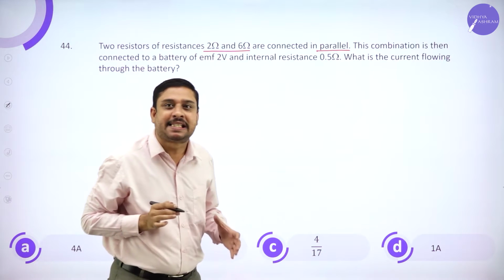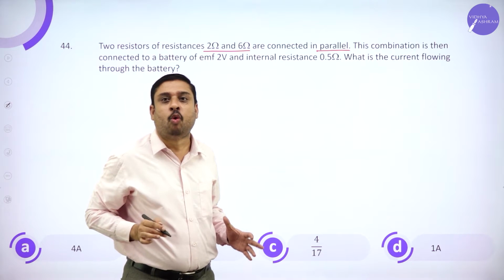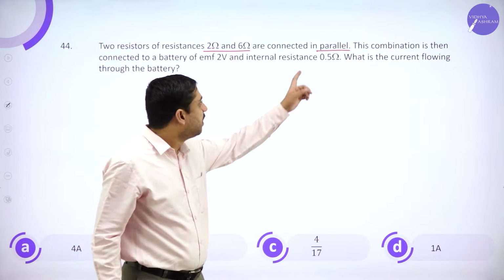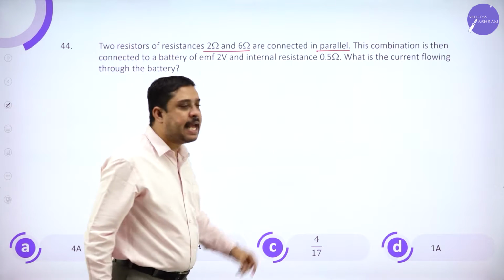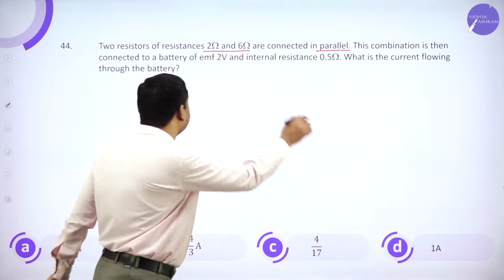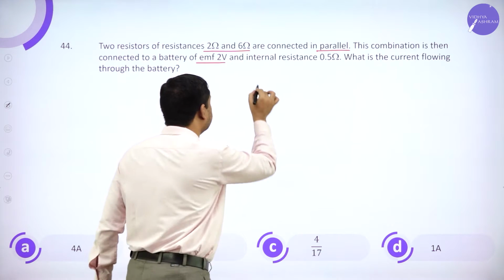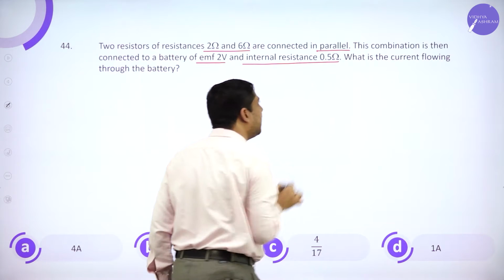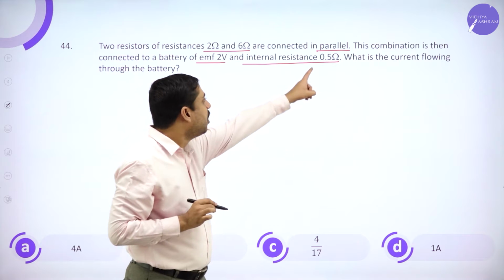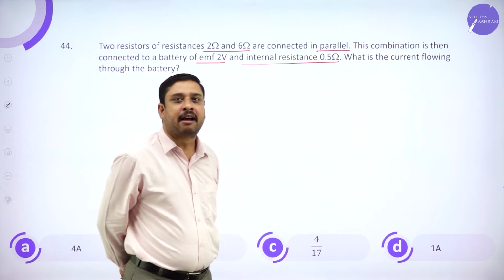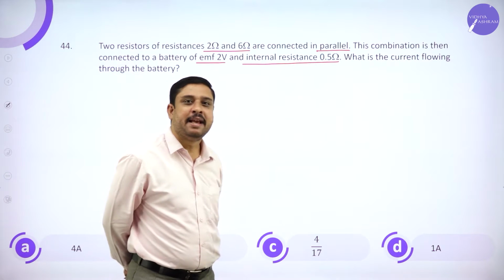So, ಎರಡು ರೆಸಿಸ್ಟರ್ಗಳನ್ನ ಪ್ಯಾರಲಲ್ ಆಗಿ ಕನೆಕ್ಟ್ ಮಾಡಿದ್ದಾರೆ, 2 ohms and 6 ohms. This combination is then connected to a battery of EMF 2 volts and internal resistance 0.5 ohms. What is the current flowing through the battery?